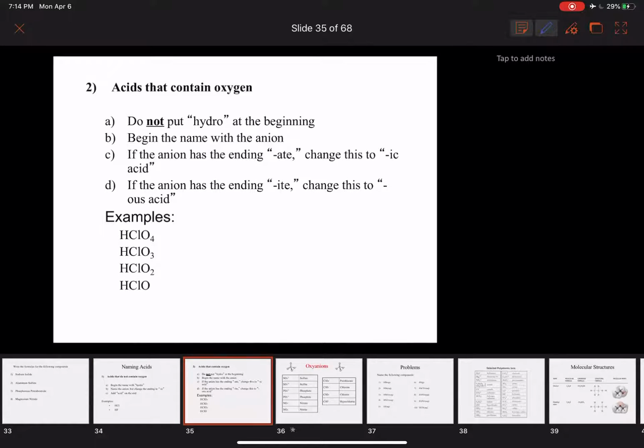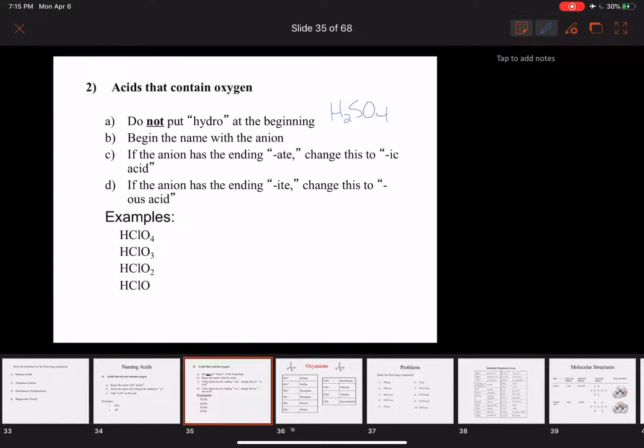Okay, so that brings us to acids that do contain oxygen. If you have an acid and it does have an oxygen in it, we are not going to put hydro on the front. So if we have H2SO4, we can look at that one and go, okay, it's got a couple of hydrogens written on the front.